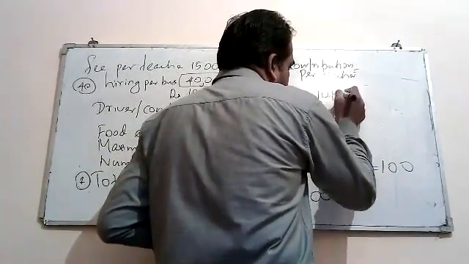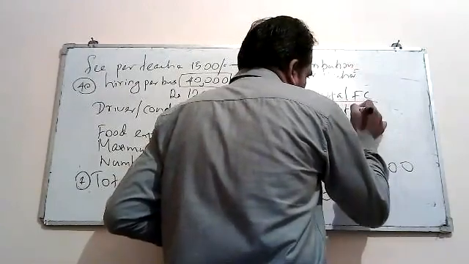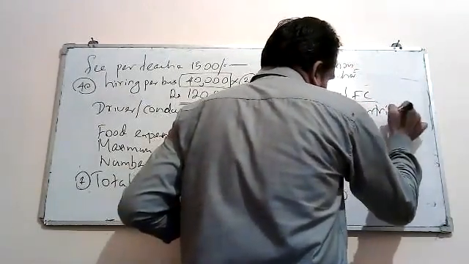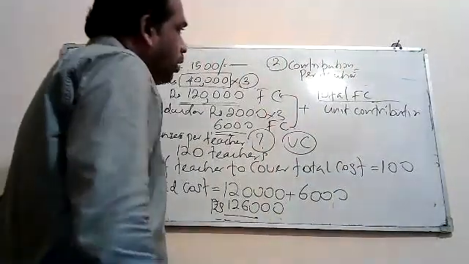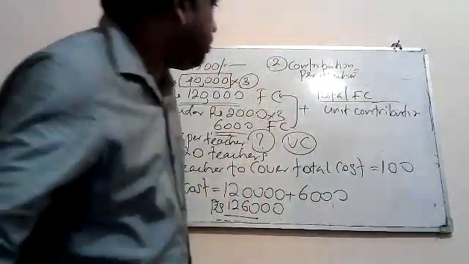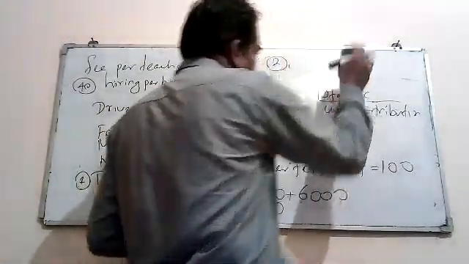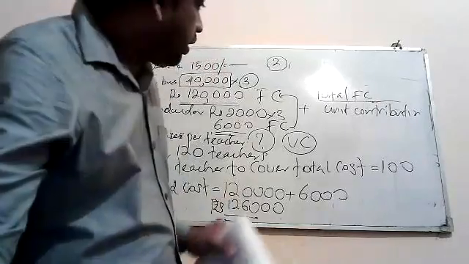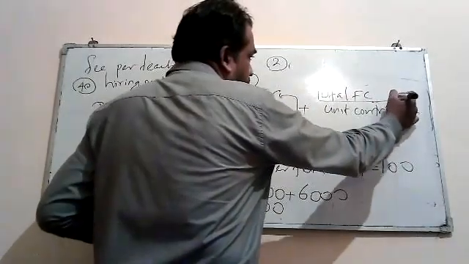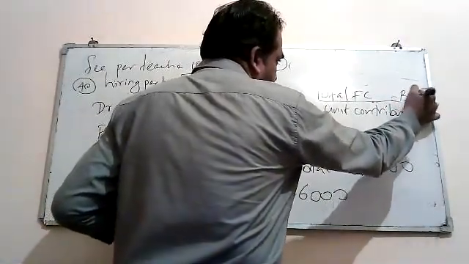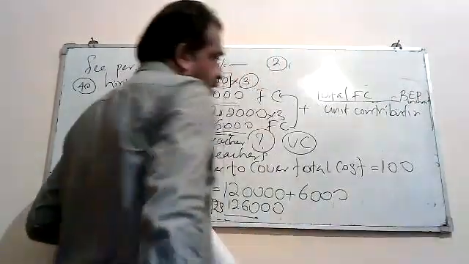This is the formula for BEP in units: total fixed cost divided by unit contribution equals BEP in units.